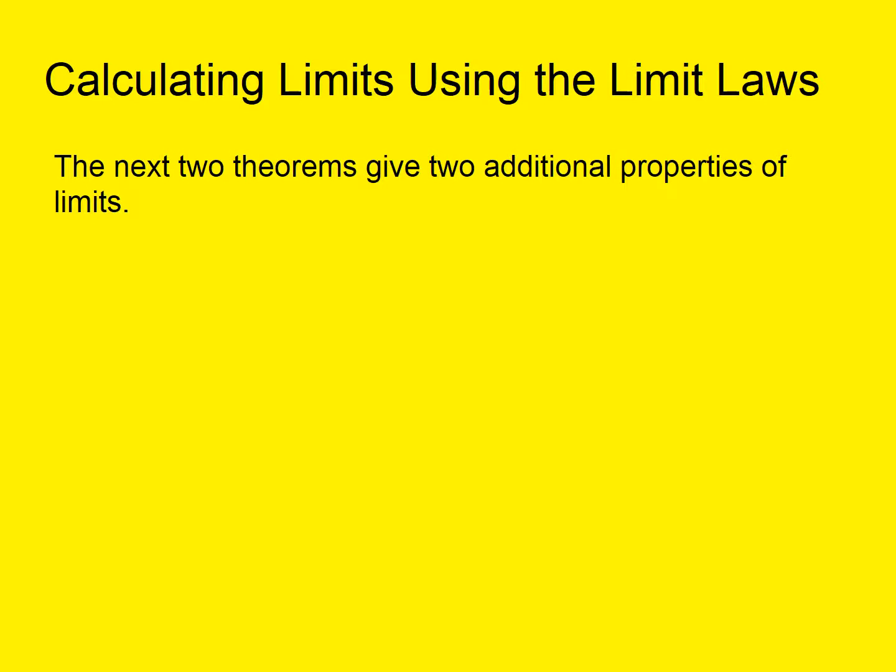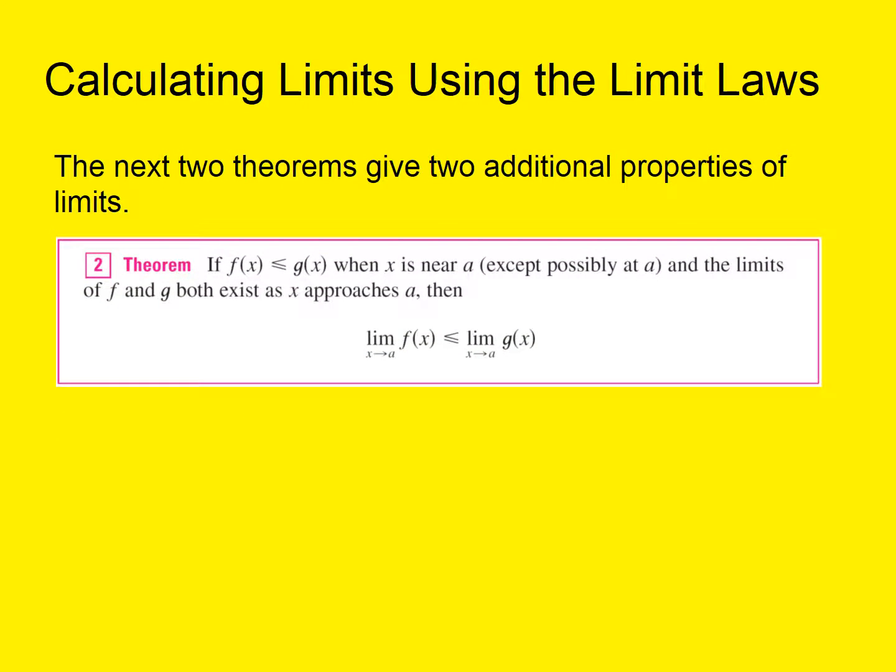The next two theorems give two additional properties of limits. So here's a theorem. You've got f of x less than or equal to g of x. In your mind, you see a graph of f which is below another graph g in the plane.